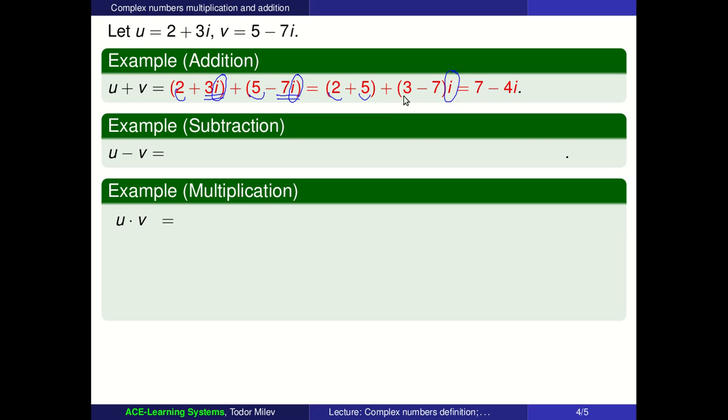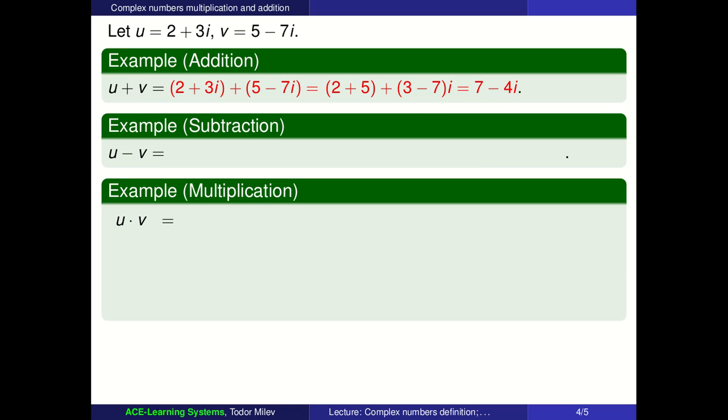And when you factor out i, you're left with 3 minus 7, which is negative 4. Altogether, 2 plus 5 is 7, and 3 minus 7 is negative 4. So 7 minus 4i. Once again, complex addition works the same way as polynomial addition or any other addition that we have seen so far.